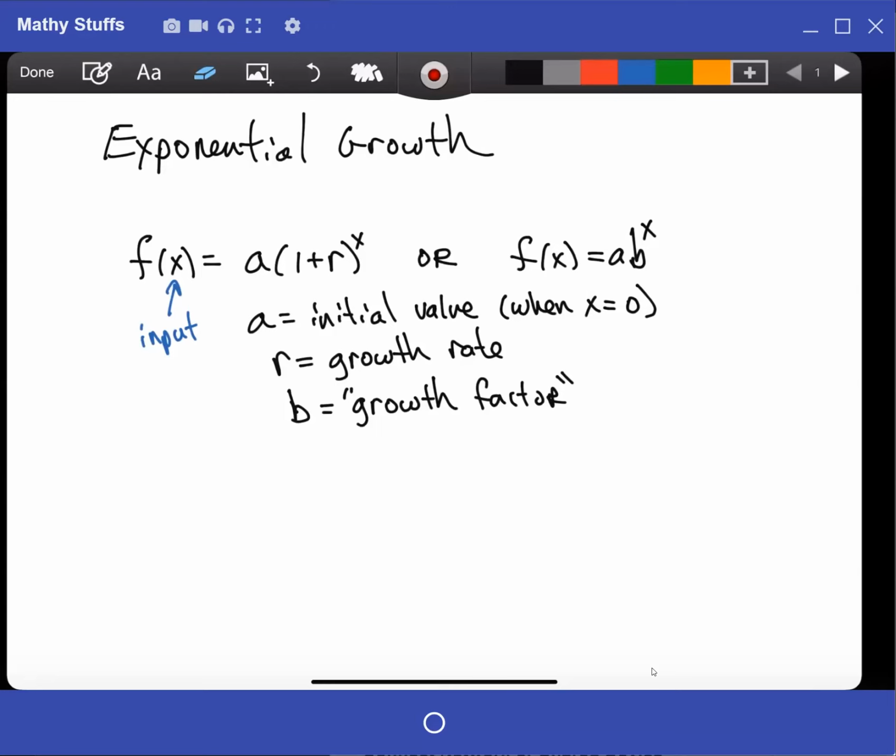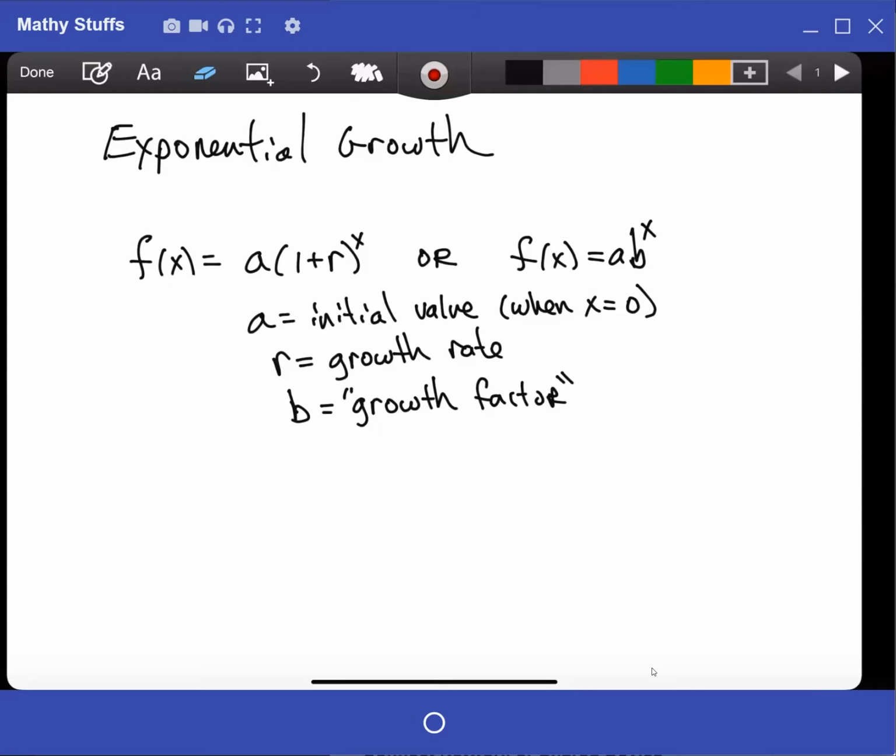This first form is going to be the most useful, and the second one, the a b to the x power, is something you should be aware of. But let's just talk a little bit about this first one. This is basically interest rate growth or population growth. Those are the two main models we're going to use it for.